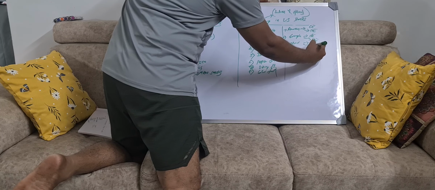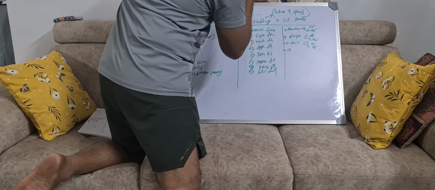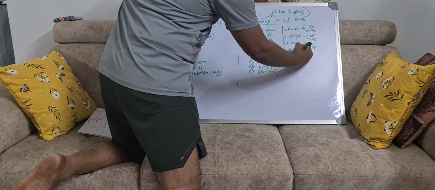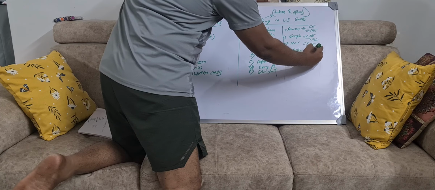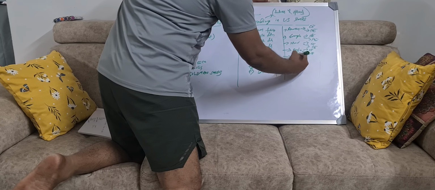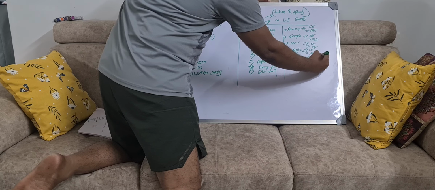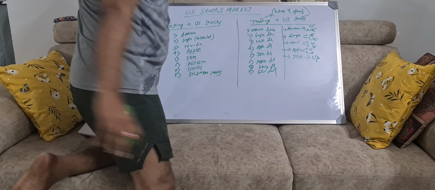We'll study what call and put are when we go into derivatives in detail, but for the time being just note this. Then we'll have Apple call and put, then IBM, similarly call and put, and similarly all these.